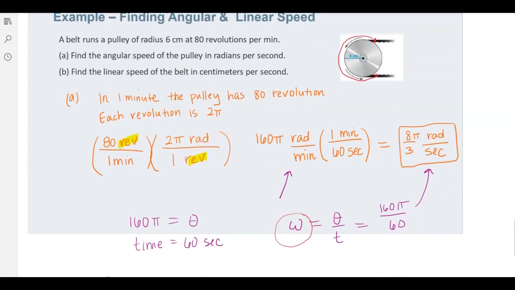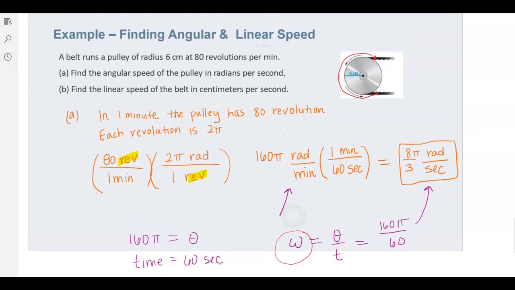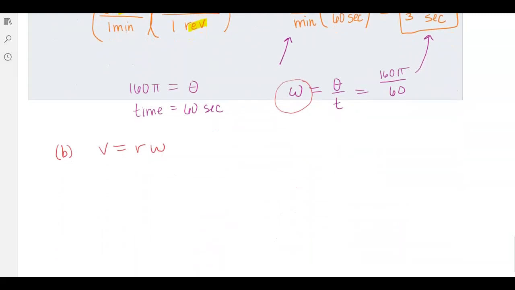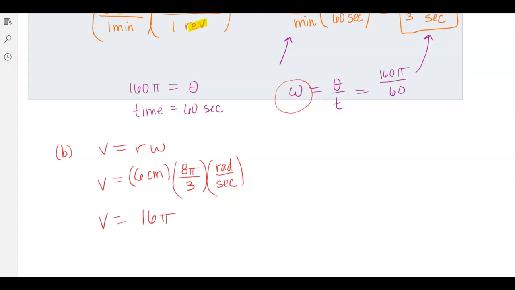So the radius again was 6 centimeters. And then we found the angular speed to be 8 pi over 3 radians per second. So our velocity ends up being 16 pi centimeters per second.